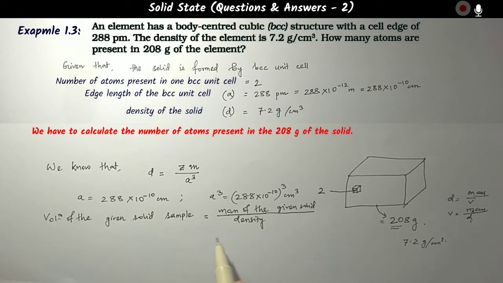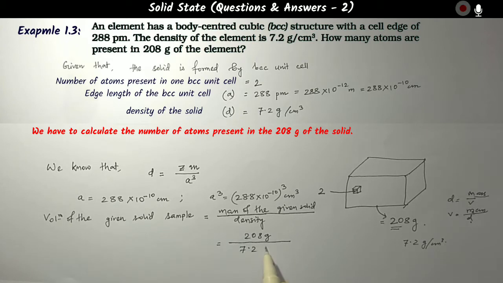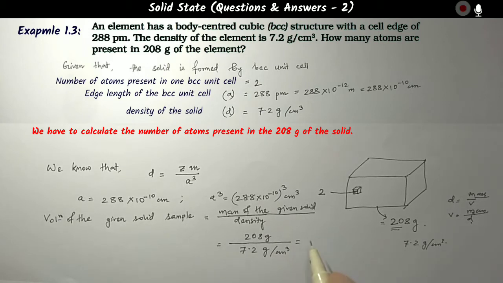So the mass of the given solid is 208 gram, and the density of that solid is 7.2 gram per centimeter cube. If you calculate this using a calculator, you would get 28.88 centimeter cube.